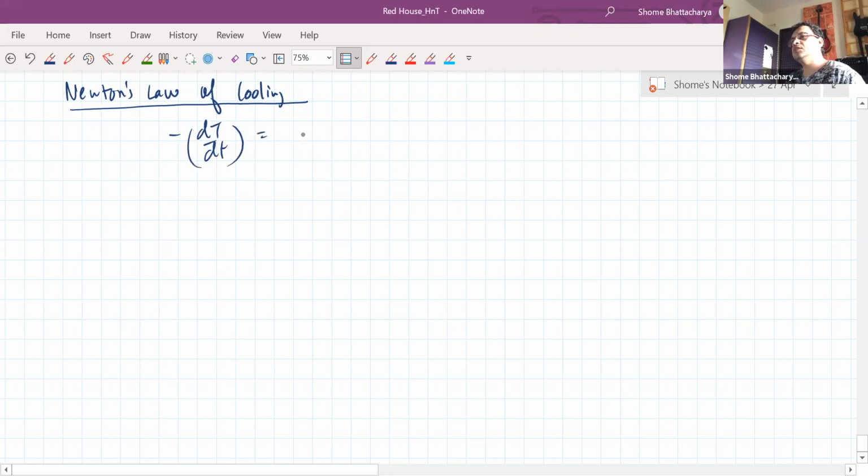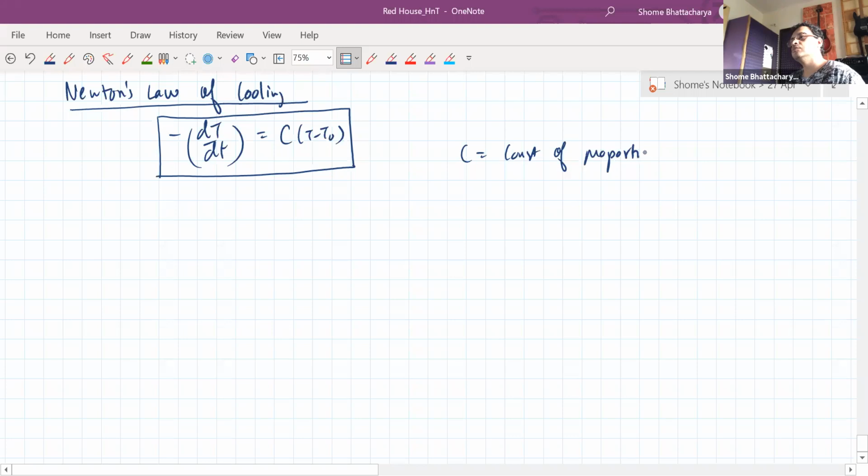So this is some C into T minus T naught. Now don't confuse this C with the heat capacity. Here C is just the constant of proportionality for the rate change.